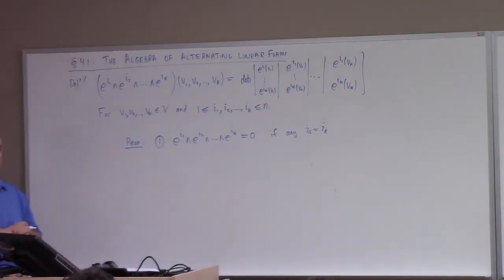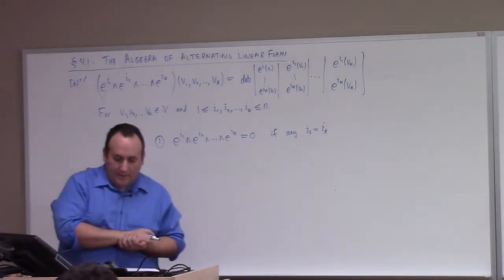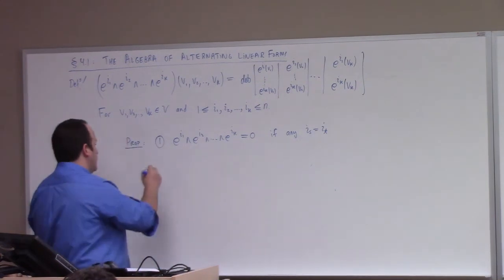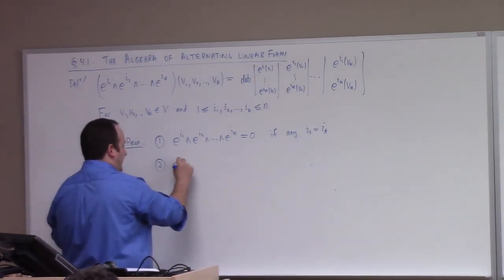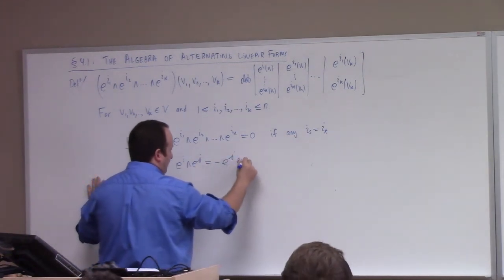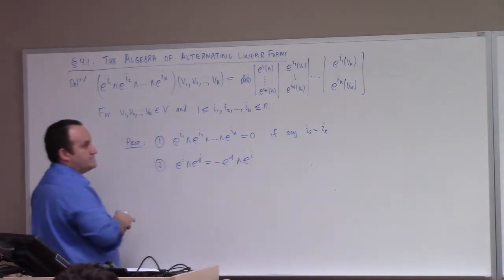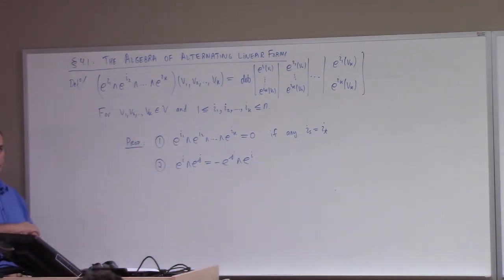If there's any repeat, it wedges to 0. And also, number 2, E^I wedge E^J is minus E^J wedge E^I. So that's the same thing we defined there in the middle.